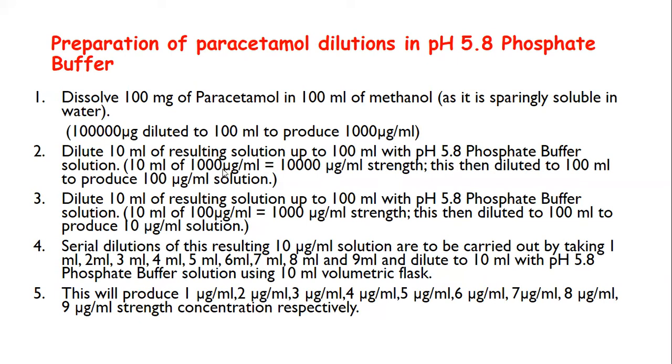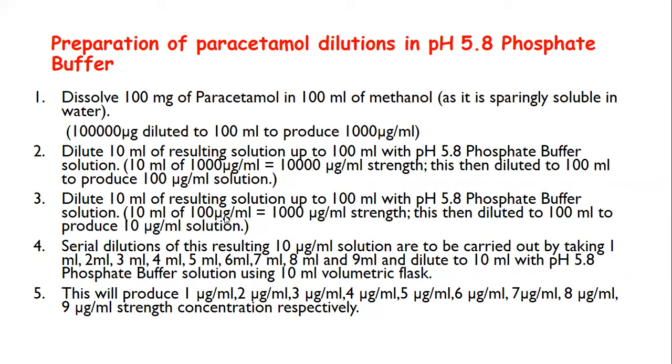So 10 ml of 1000 microgram per ml solution has a strength of 10,000 micrograms, and when it is diluted to 100 ml, it is converted into a 100 microgram per ml solution. From this 100 microgram per ml solution, we again pipette out 10 ml and dilute to 100 ml with the help of pH 5.8 phosphate buffer solution.